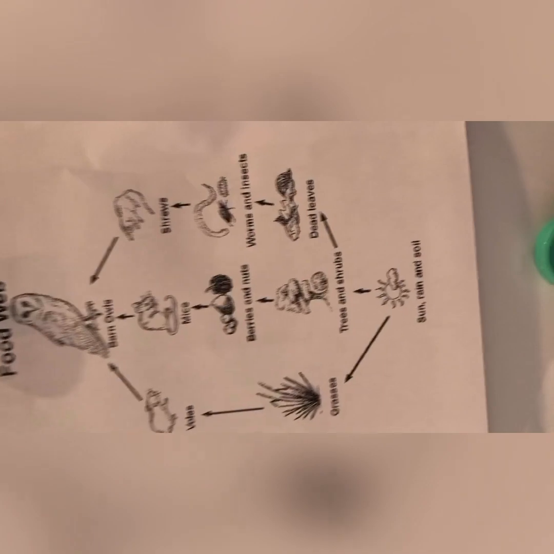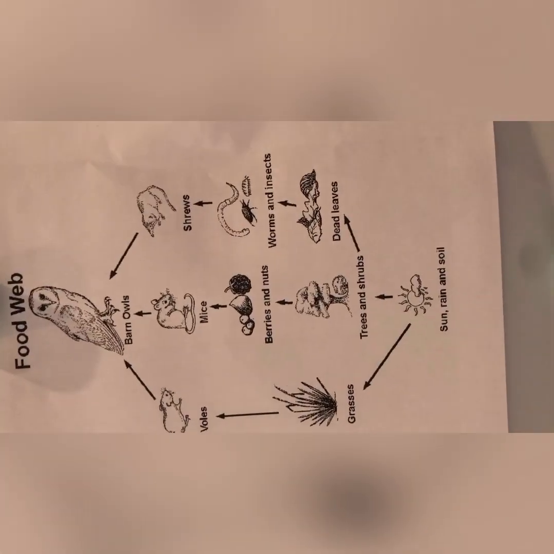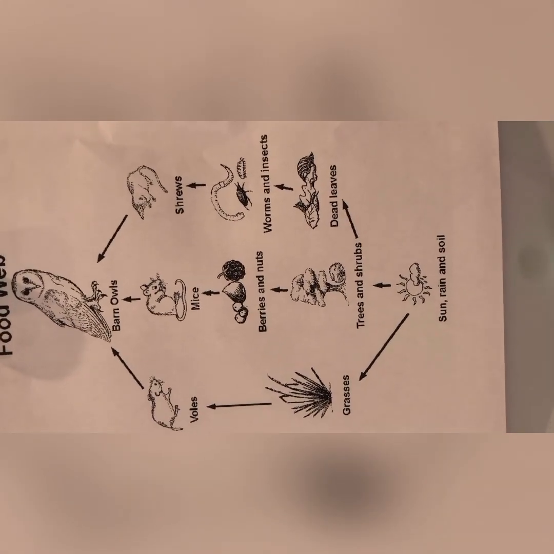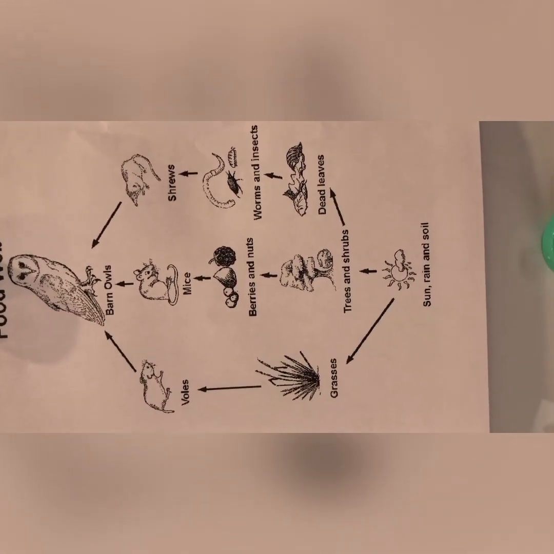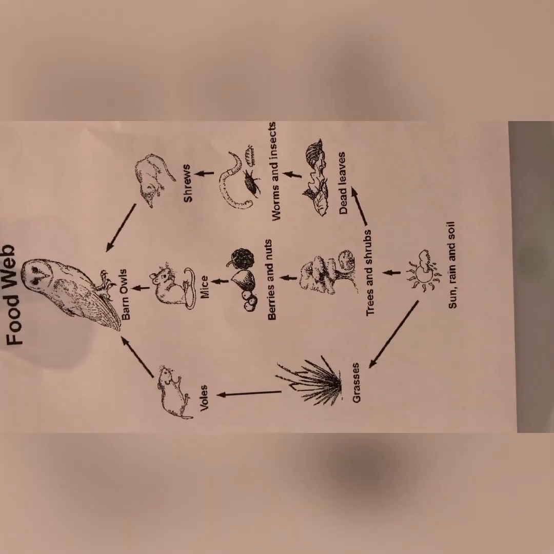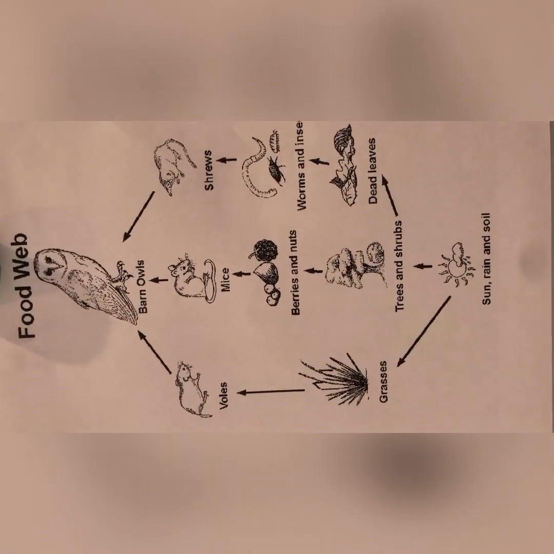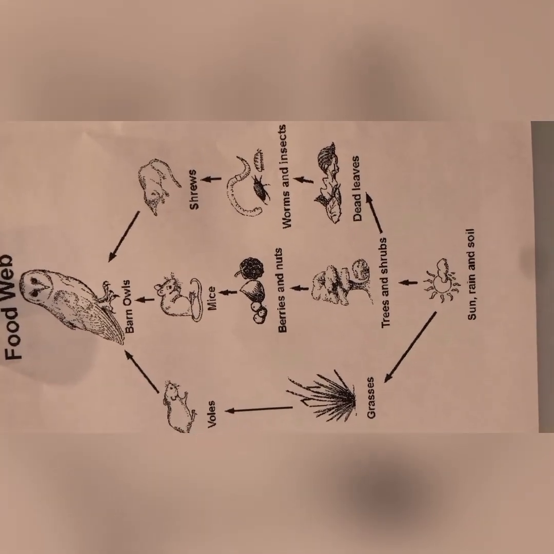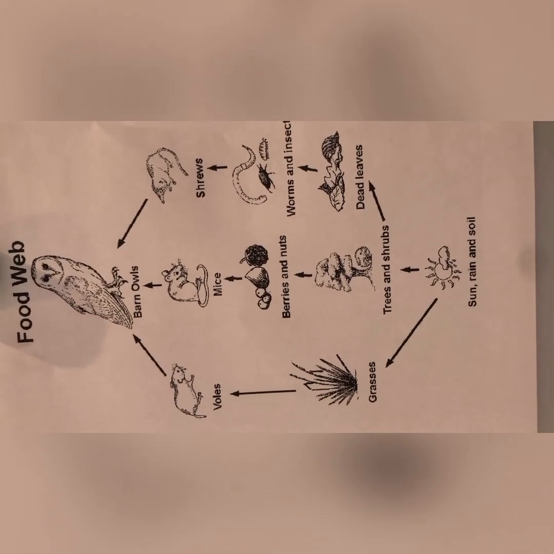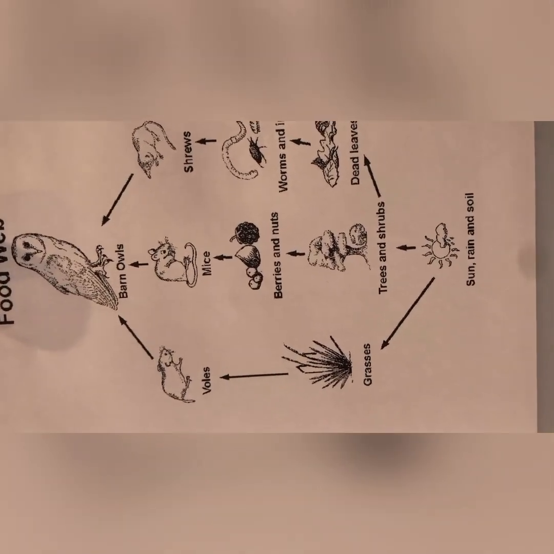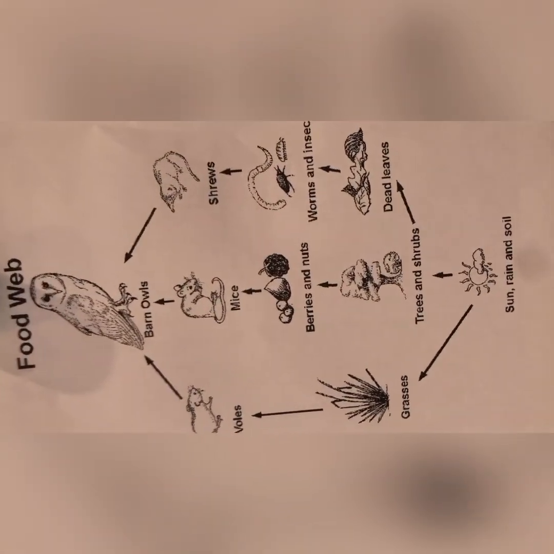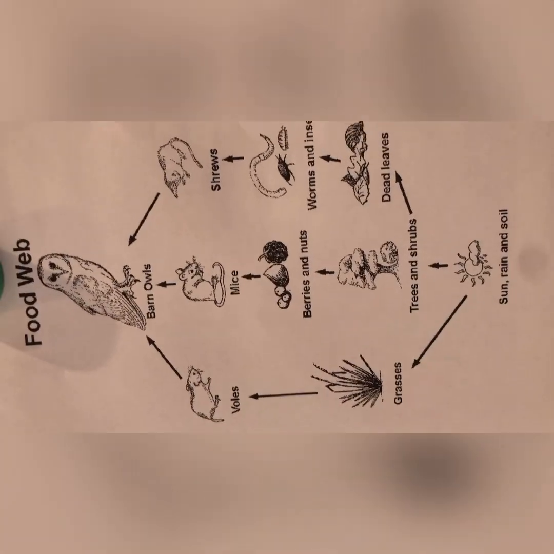You're going to see down here, all energy starts with the energy of the sun. The sun transfers its energy into the producers like the trees, the shrubs, the grass. The trees will produce berries and nuts, and all of these get eaten and give energy to the other animals, right? So we'll see the grass gets eaten by a vole. The trees and shrubs produce berries and nuts that get eaten by a mouse.